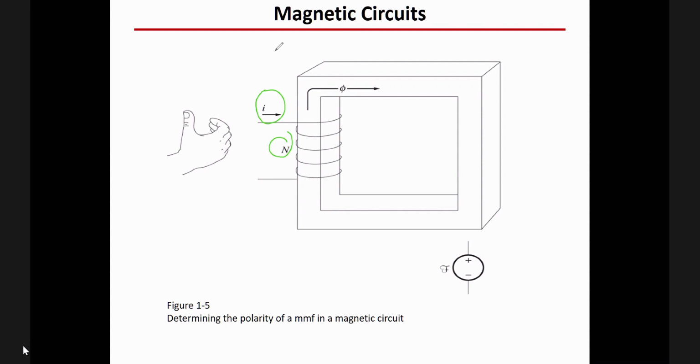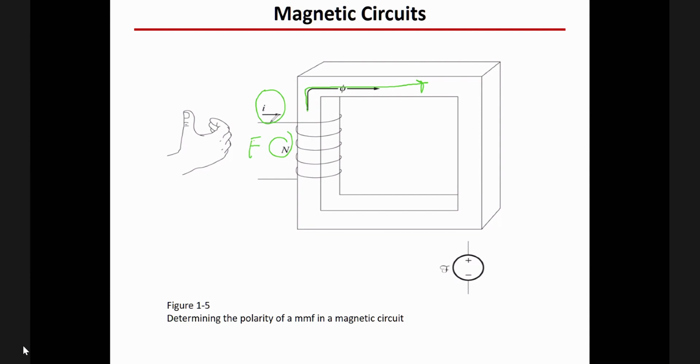As a result, F will also be generated, right? Which is N multiplied by I. So F. Then what? Since we have F, now we will start to have magnetic flux inside this magnetic core.